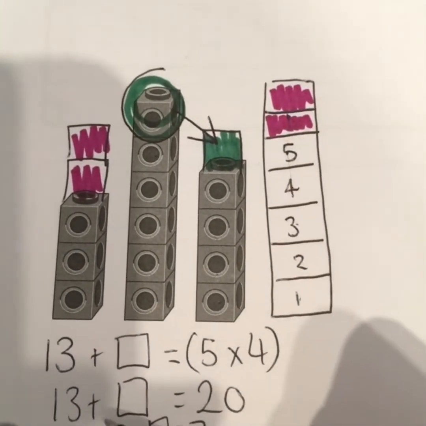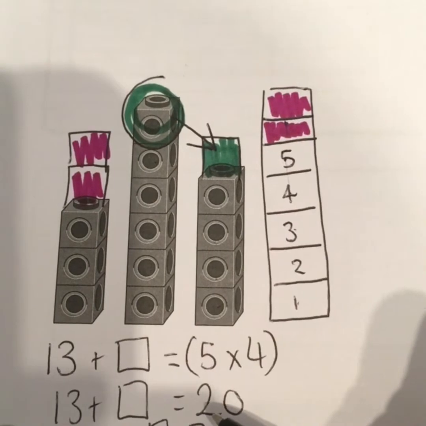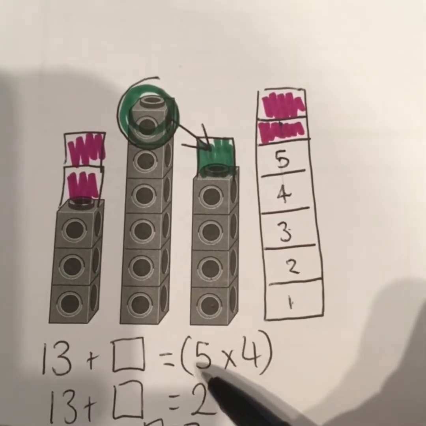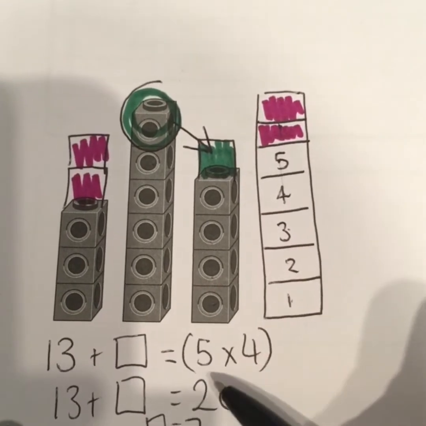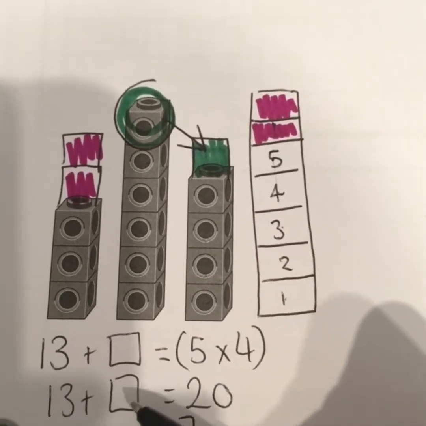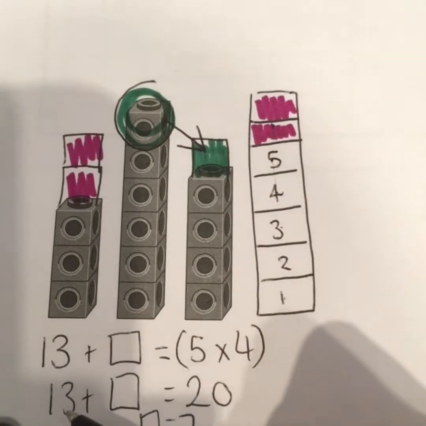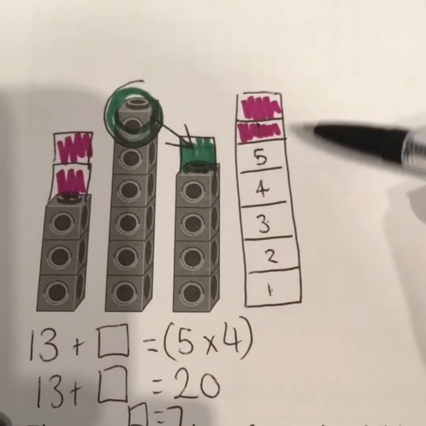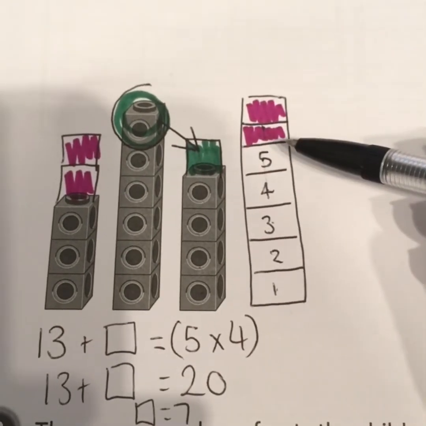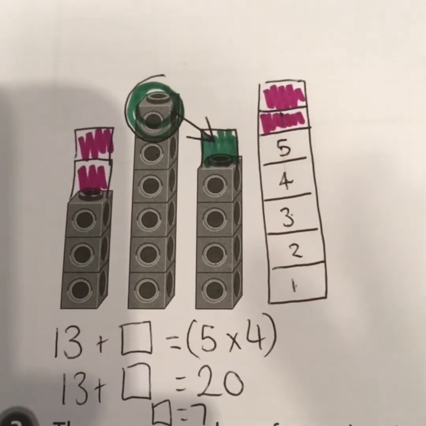So 13 add something is going to equal 20 because on average, we know there's 5 cubes in each tower, which means there's 20 cubes all together. So 13 add something is 20. 20 take away 13 would be 7. So this tower here must have 7 cubes. I hope that made sense with the drawing as well.